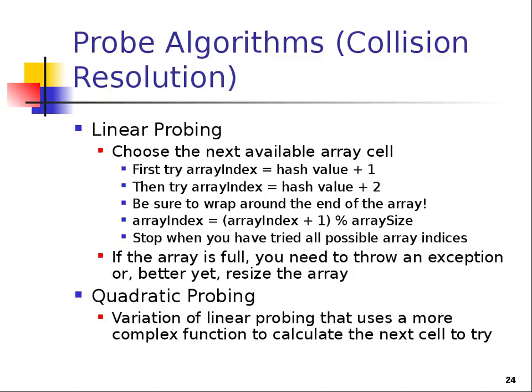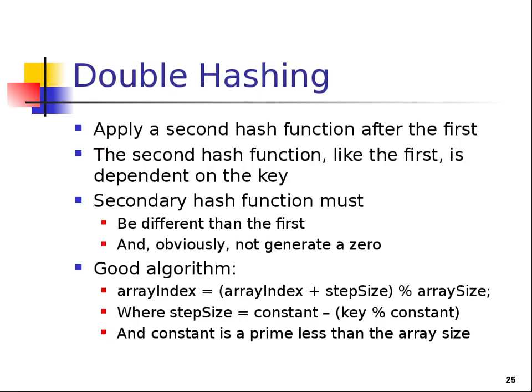Quadratic probing is a variation of linear that uses a more complex quadratic function to calculate the next cell. Double hashing: just apply a second hash function after the first. Make sure it's different and doesn't generate a zero. Add a step size. Ooh, a load factor.